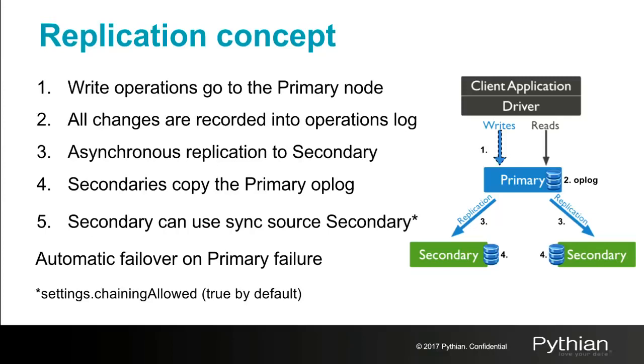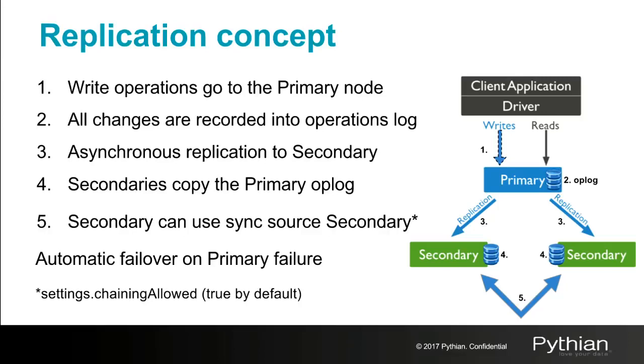Once the changes are replicated, all of the secondary members in the replica set will copy the op log into their own operations log. By doing that, it allows a secondary node to use another secondary as a sync source. And that's the default in every replica set configuration.